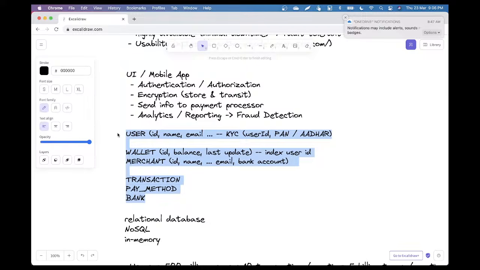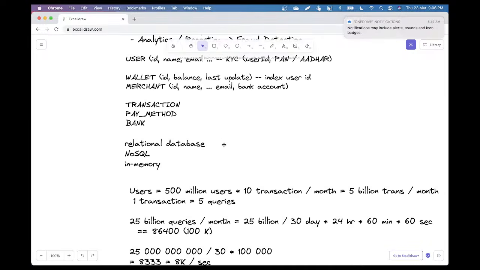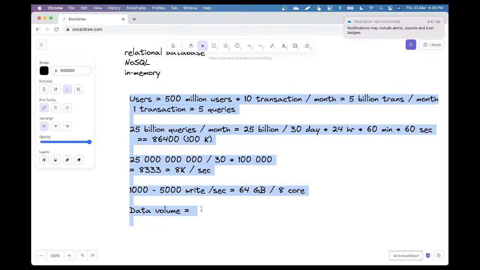So here you see some text fields, and not very complicated fields. These are simple text information, and we can assume this is maybe less than a kilobyte, right? Whenever you do any transaction, you just need to store the amount, bank details, etc. So there's no very data-intensive operation going on, right? So let's do the data volume calculation.